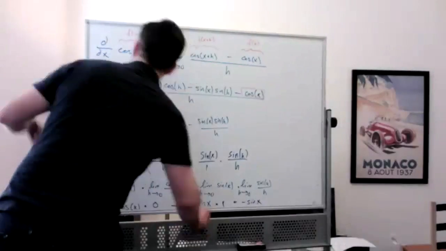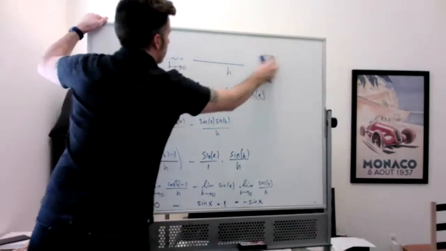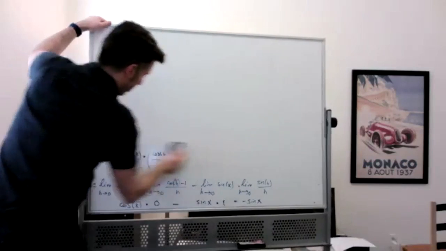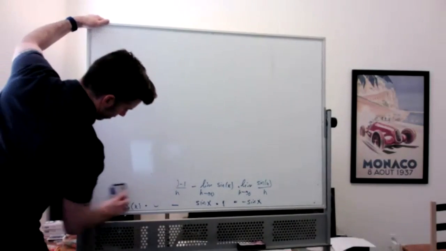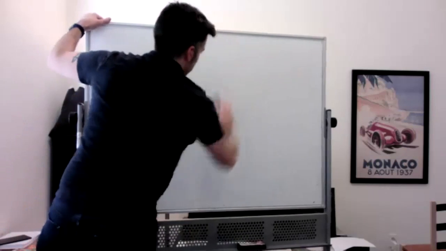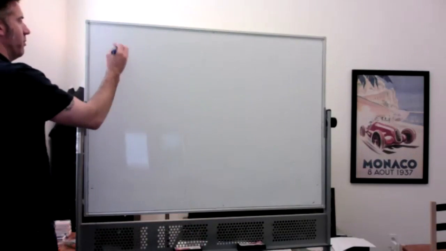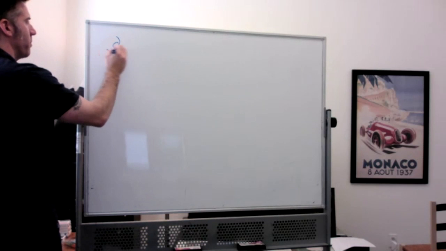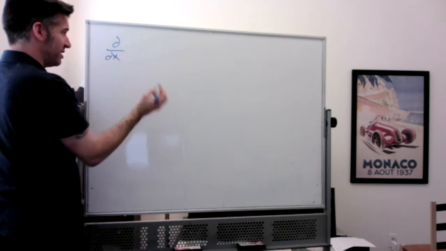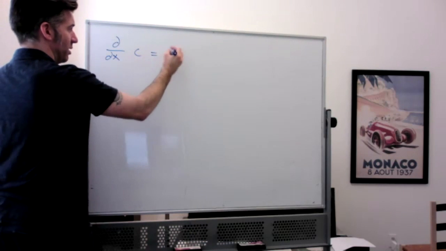Let's use the quotient rule. Well, actually, before we use the quotient rule, there's one other rule that kind of gets caught up for people: the constant multiple rule. If you have the derivative of just a constant, it's 0.